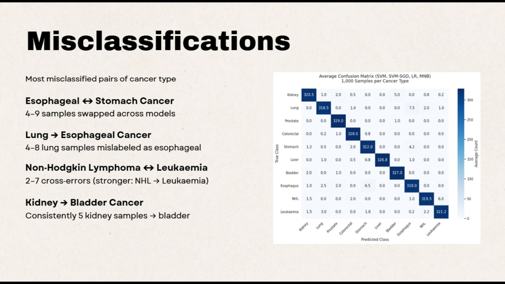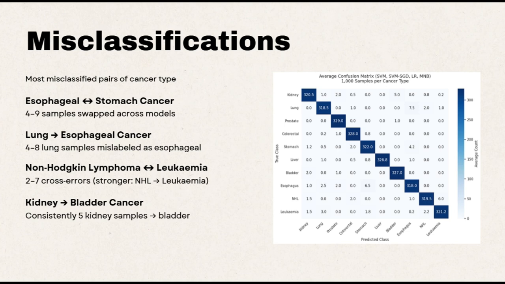Second, lung is often misclassified as esophageal cancer. There were around 4 to 8 lung samples mislabeled as esophageal, and the third one is non-Hodgkin lymphoma and leukemia, which has 2 to 7 cross errors across the models.